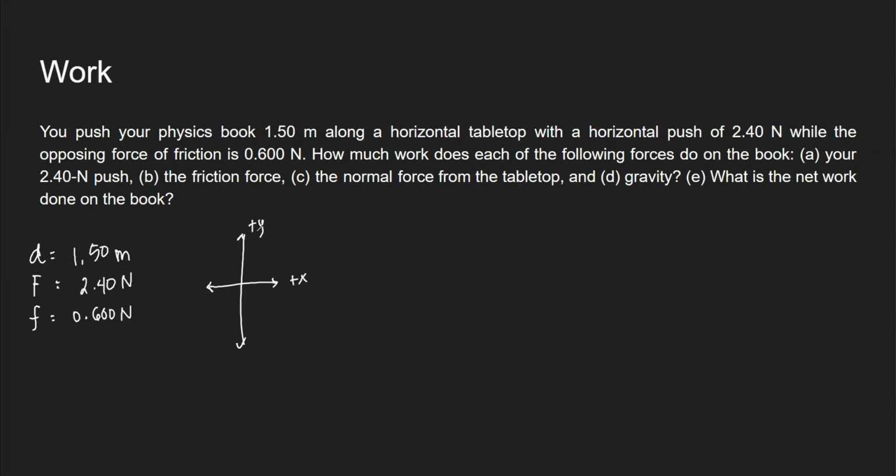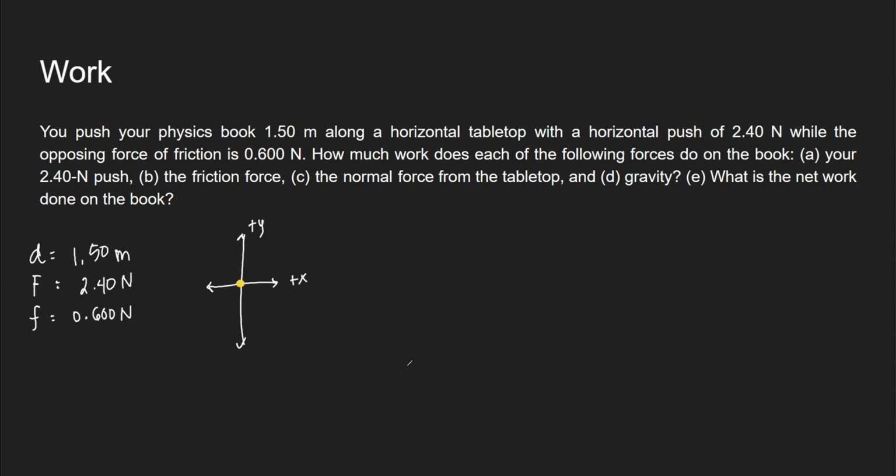When you're drawing a free body diagram, you only need to identify the system, identify the objects by using dots. You don't need to have the physics book itself or someone pushing the book. Those things are not needed. So this is my physics book, that particle over there.